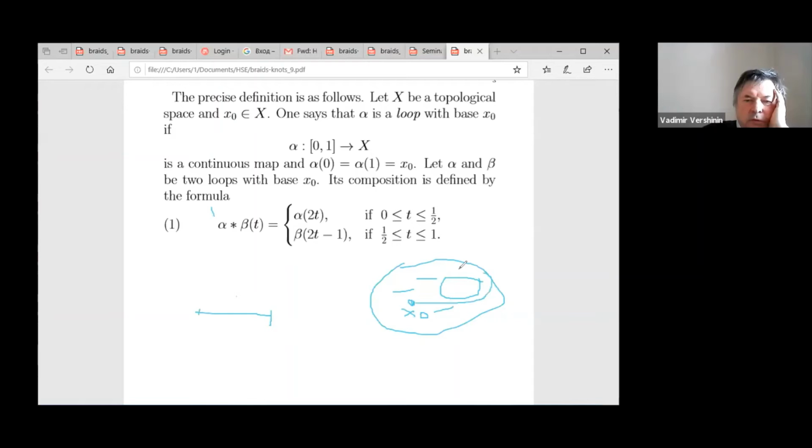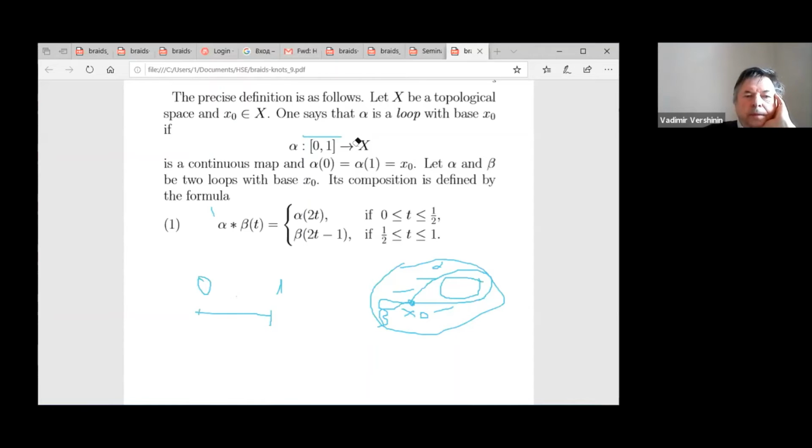And you consider a loop, then another one. Let this be alpha, and this is beta. And then what is the multiplication? As we consider loops, all loops go on the interval from 0 to 1, then you should go with double speed, all these guys. So this will be, by definition, the product of these loops. Okay.